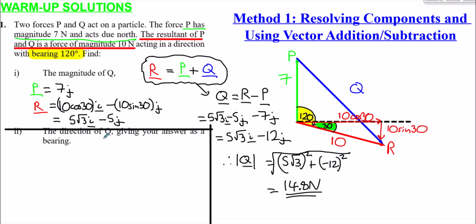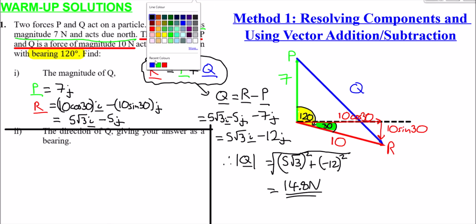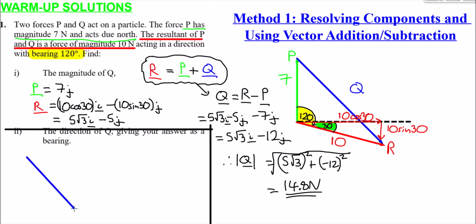So now we need to think about the direction of q, giving the answer as a bearing. So q is this blue line angling downwards. So if I just redraw it down here, like so, we can add in what we found out about it in terms of i and j components.